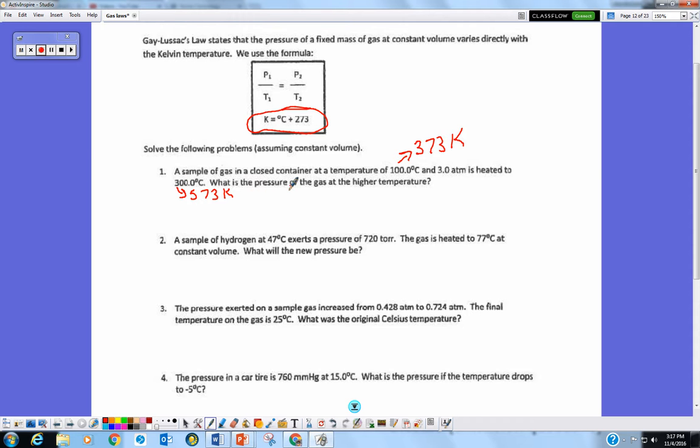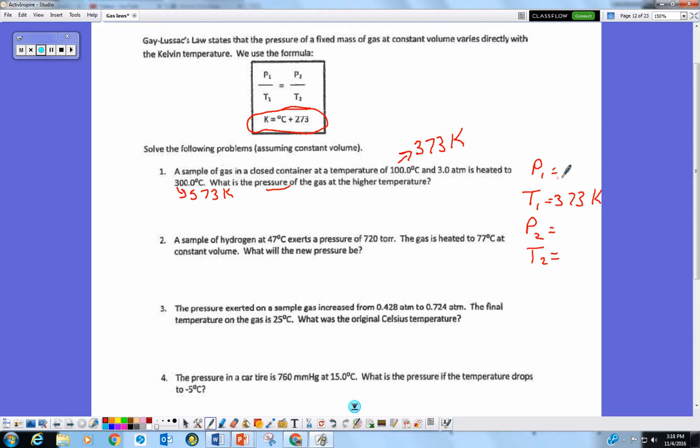What is the pressure? So just like I said before, somewhere on your paper, somewhere on the side, let's go ahead and see what we have as our given. So we're looking for P1, T1, P2, and T2. All right, so reading through it, our first temperature is 373 Kelvin.